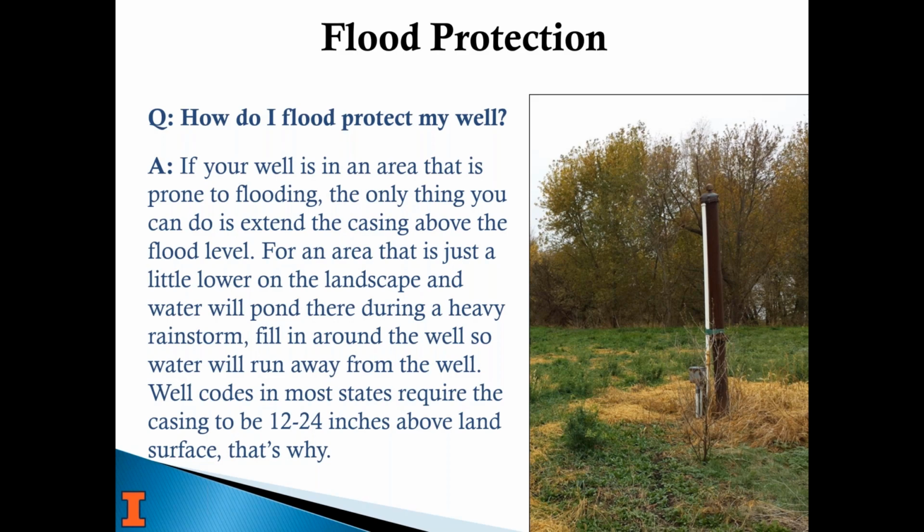And well code requires in most states at least 12 inches, sometimes as much as 24 inches above land surface. So if there's shallow ponding because of a heavy downpour, it's not going to breach the top of the well. And that's really all you can do.